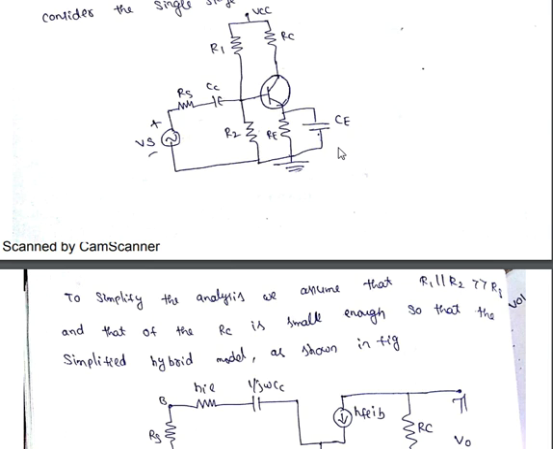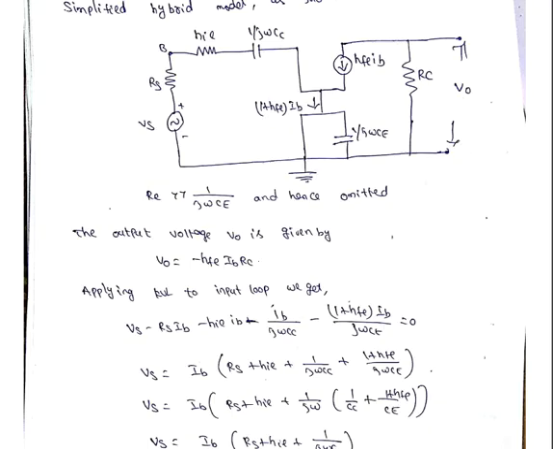To simplify the analysis, we assume that R1 parallel to R2, that combination, is greater than RS, so that the total value is only the source resistance RS. And here also we are taking the simplified hybrid model, so the transistor is replaced with this simplified model.